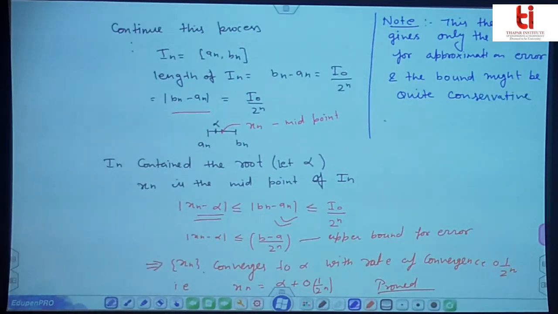That means from this theorem we cannot say that the exact value of the error is coming out to be this. We are getting only the upper bound of the error. We are not getting the exact value of the error.